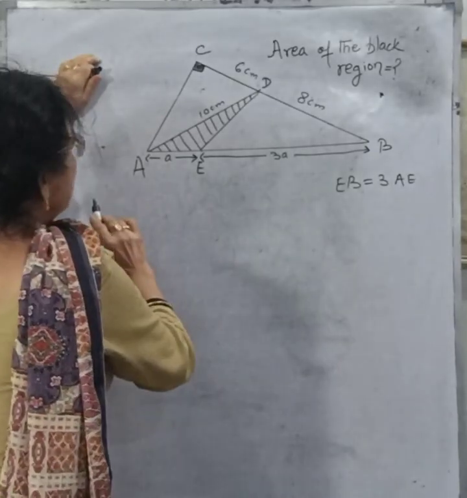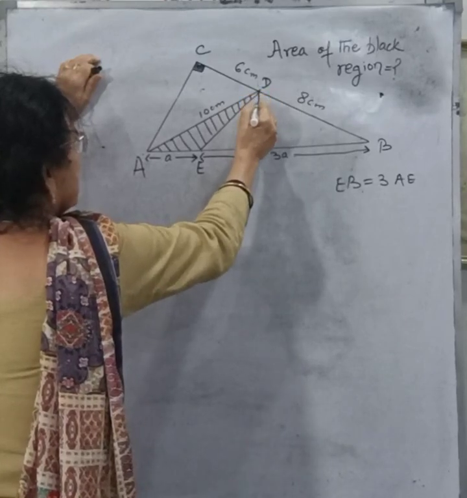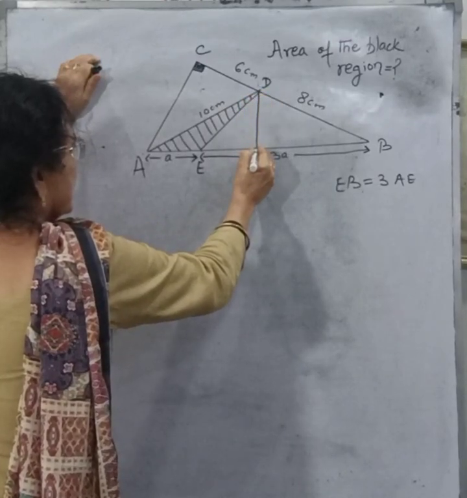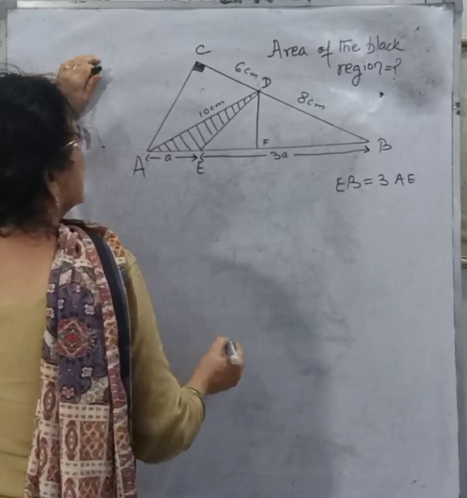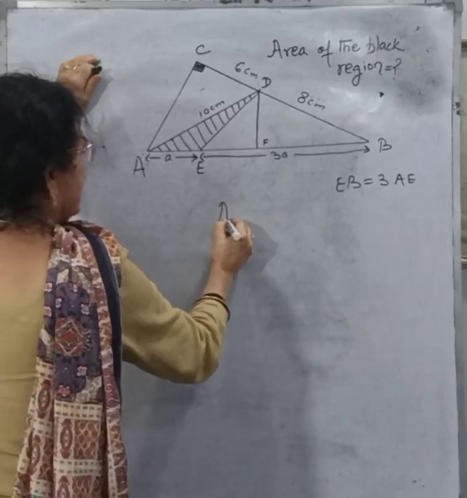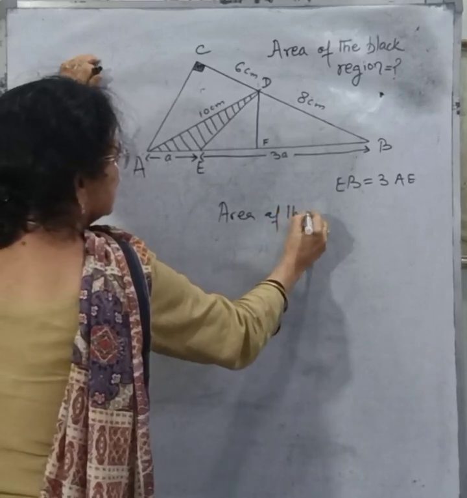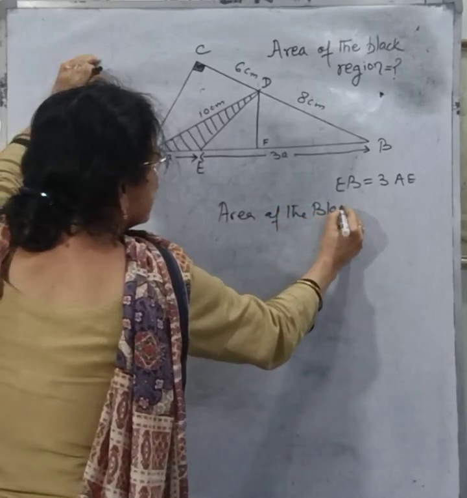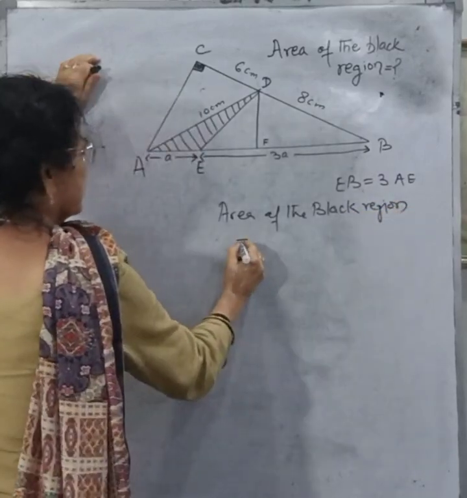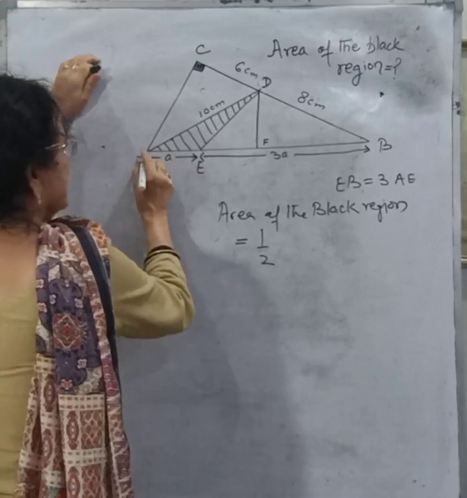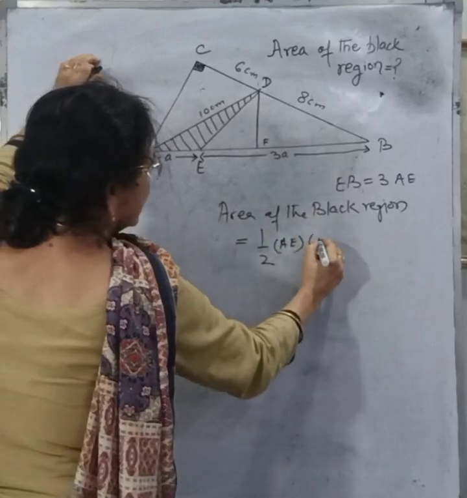In order to find the area of the black region, first of all, let us drop the perpendicular from this point. Let us suppose this is point F. Hence, the area of the black region will be equal to 1/2 base. Base is equal to AE into DF.